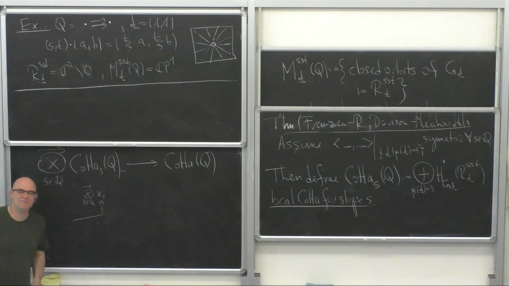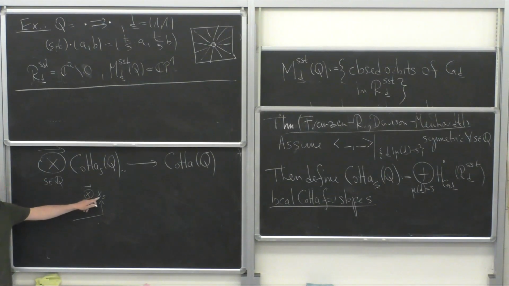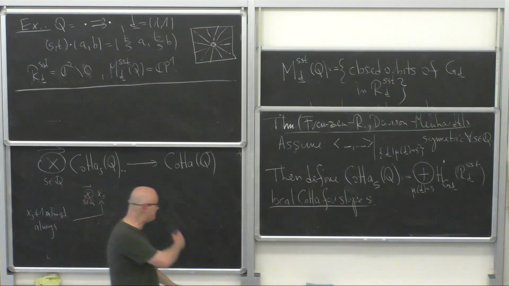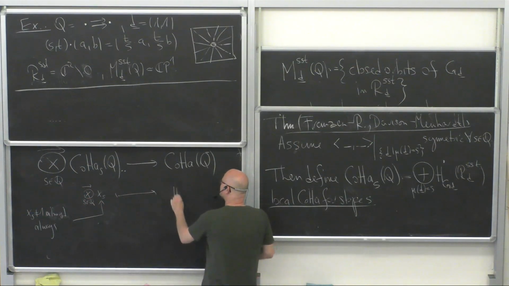So if you think about how to make sense of infinite tensors, what you need is that only finitely many of them are not 1. So x_s is not equal to 1 only for finitely many s. Aha. So if I have only finitely many in this tensor, I can just take the product.